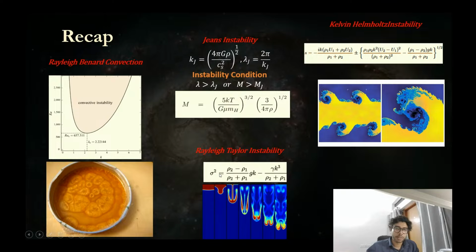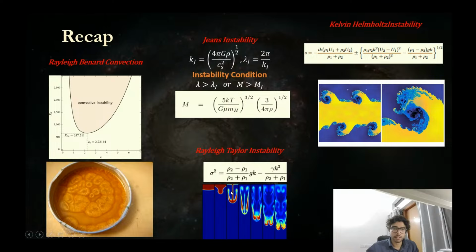Now we argued that if this sigma is real or imaginary, and if it's imaginary, then this instability will decay.